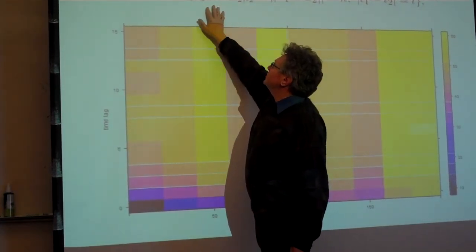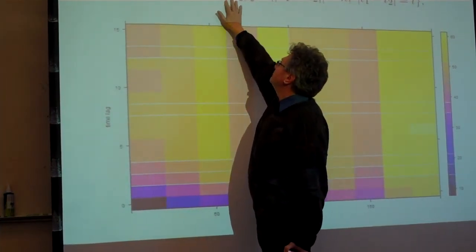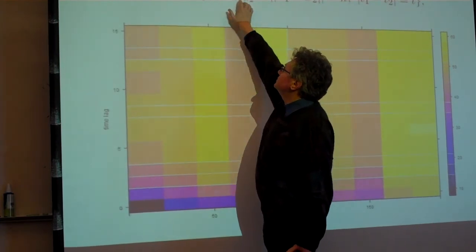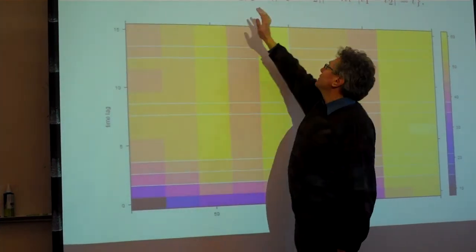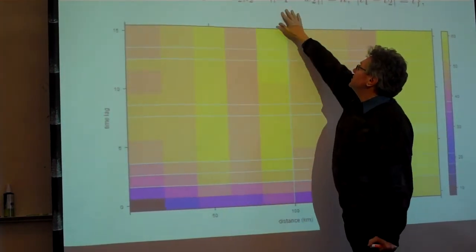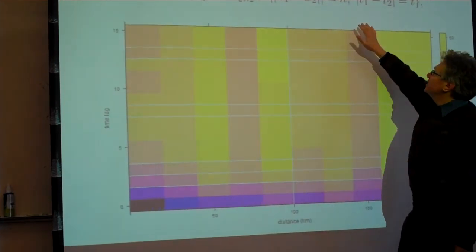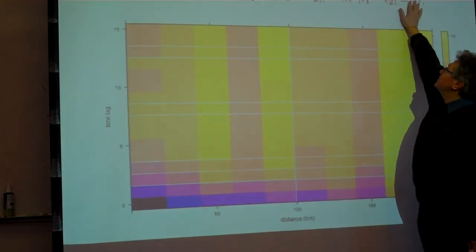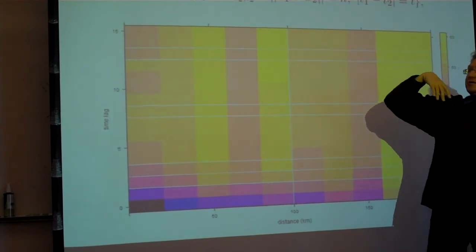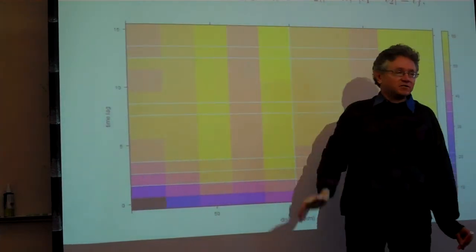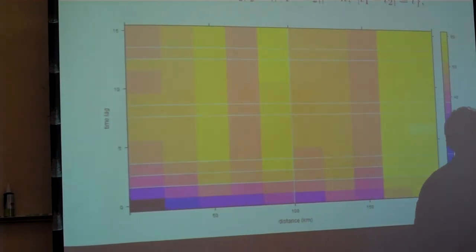So it should be the squared difference: z of x1, t1 minus z of x2, t2, that quantity squared, given that the distance between x1 and x2 is h, and that the time difference between time 1 and time 2 is t. And then the expected value of those squared differences.